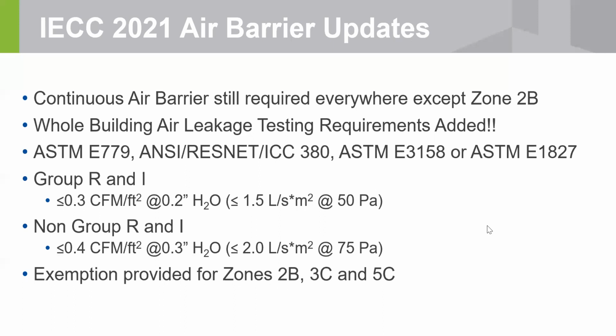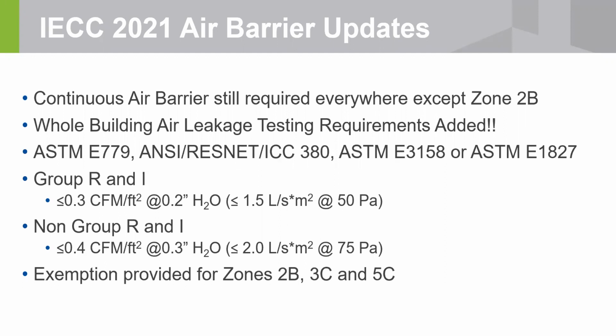And then what is exempt, so 2B is exempt on groups other than, and there are 2 different testing levels, and it shows it here on Brian's slide. You're testing at 0.3 CFM per square foot for group R and I. You can have a little looser building for non-group R and I, which is 0.4 CFM.